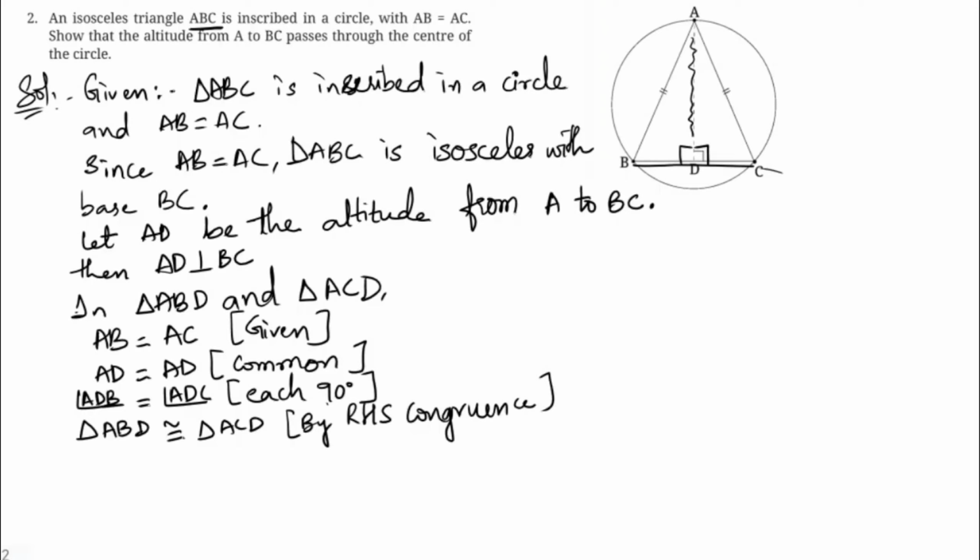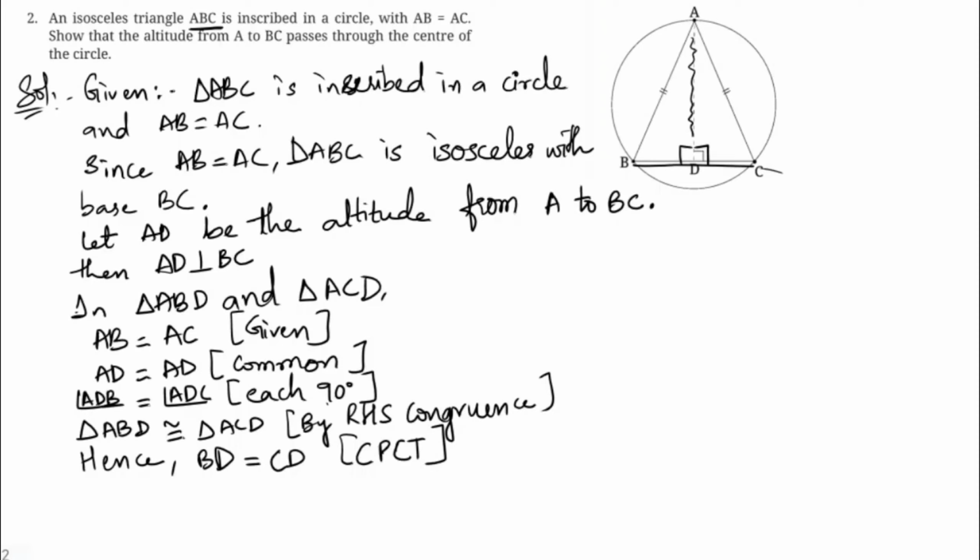So if the two triangles are congruent, we can say that their corresponding parts are equal. So what we can say about BD and CD: these two are equal because corresponding parts of congruent triangles are equal.